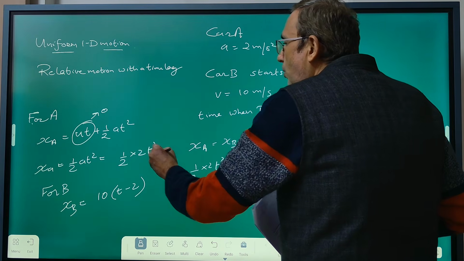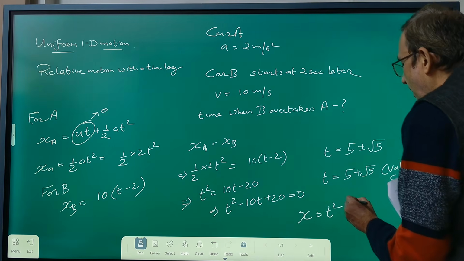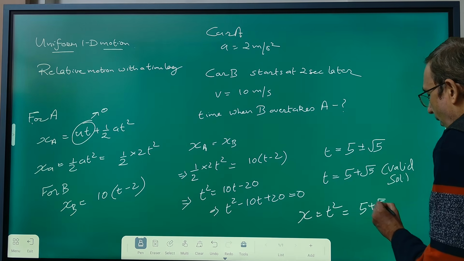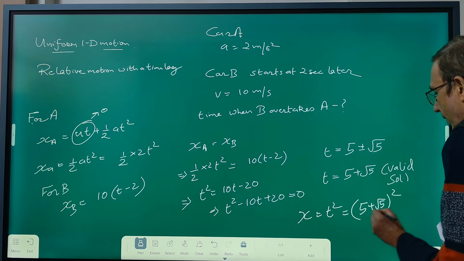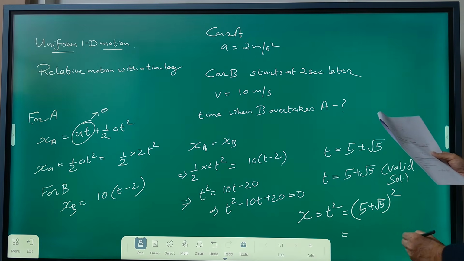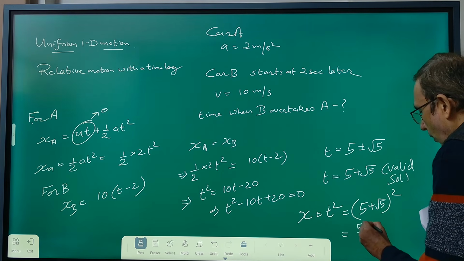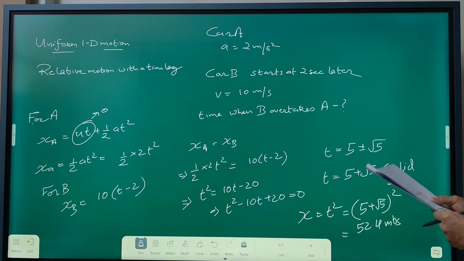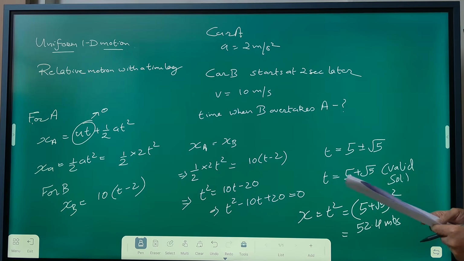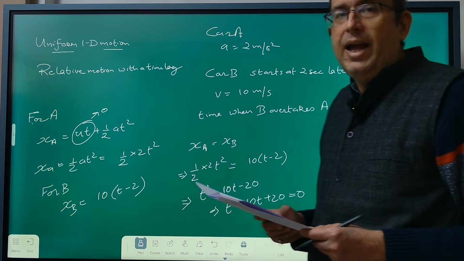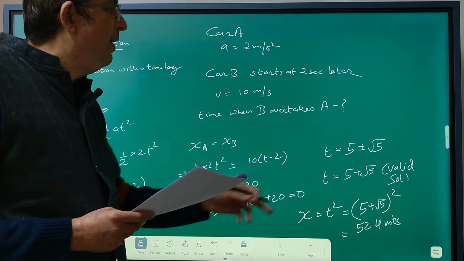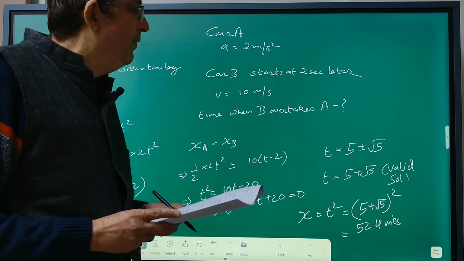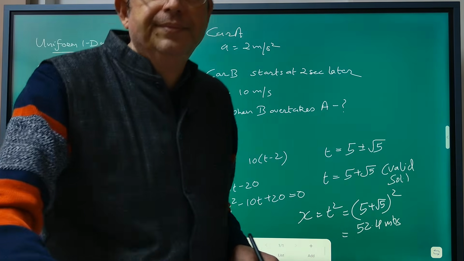So here you get x is equal to t square. Then you just square it, 5 plus root 5 whole square, and it will turn out to be equal to 52.4 meters. So the position at which the two objects will meet after a certain time, and the time would be 5 plus root 5 seconds, and the position would be 52.4 meters.